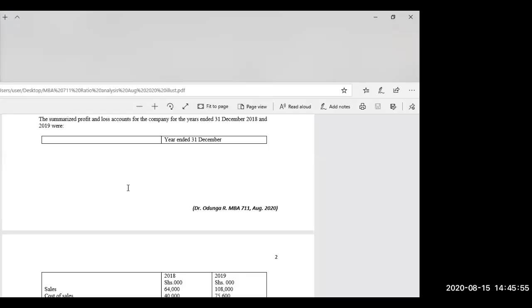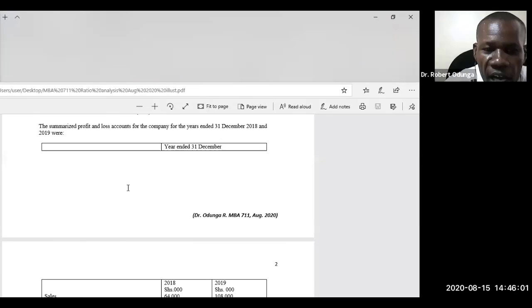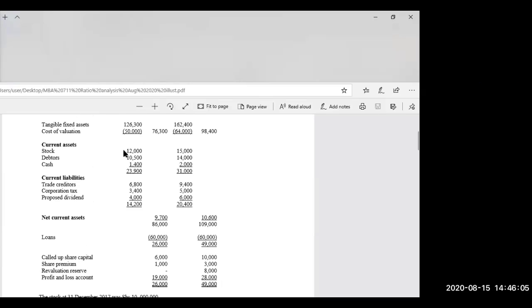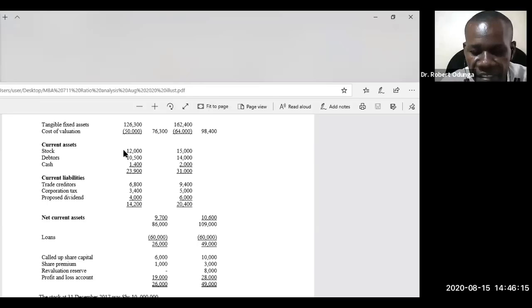Plus P, representing purchases, minus closing stock, which we can get in the balance sheet for 2018, which is 12,000 stock. So cost of goods sold is that.